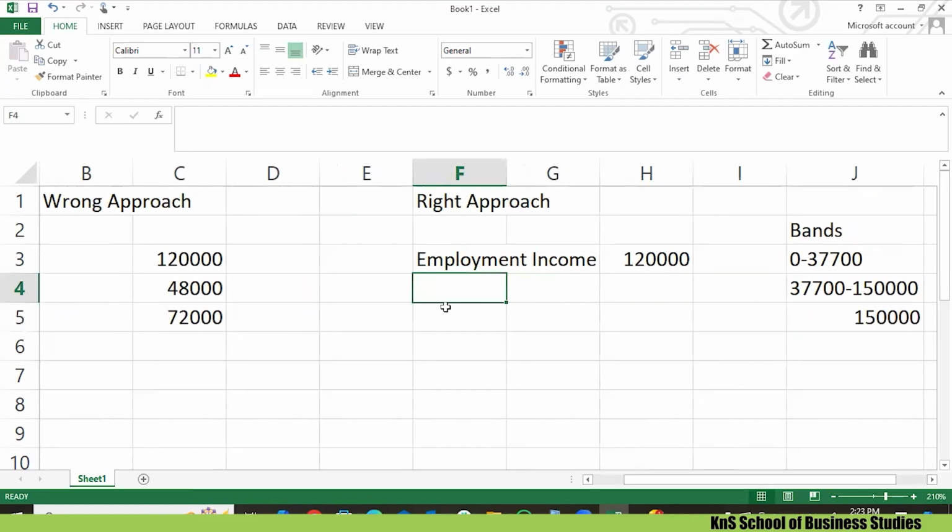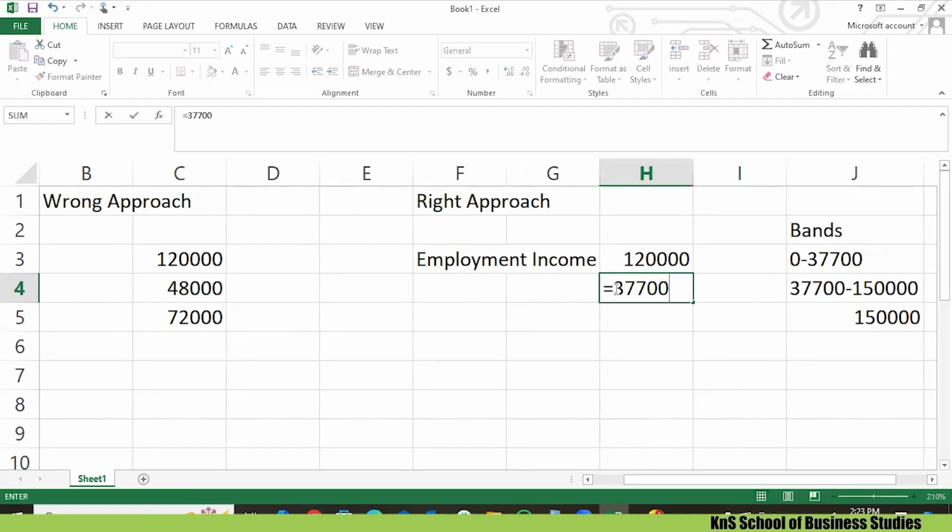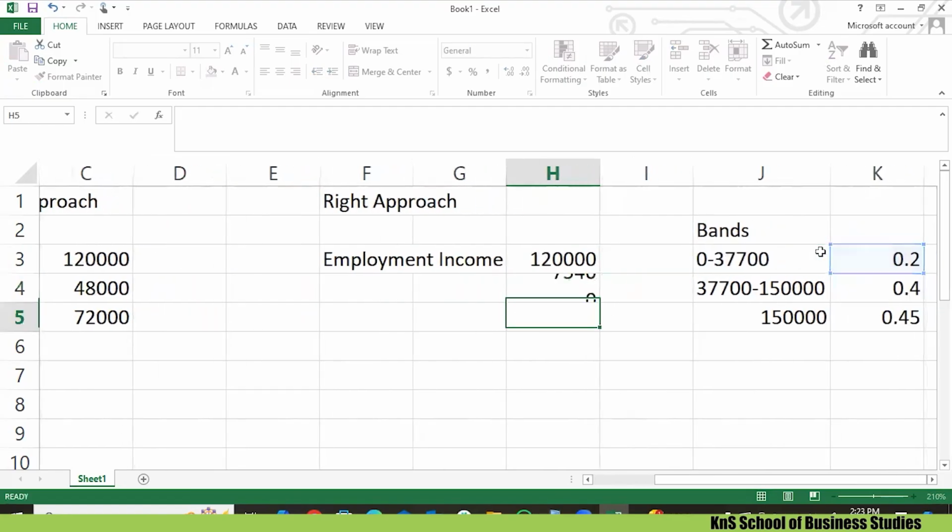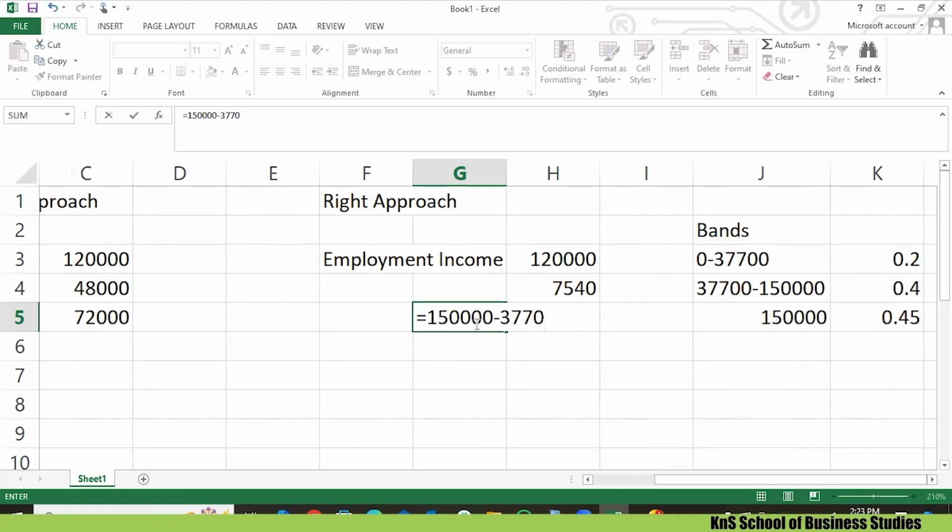Now what I'm teaching you over here is the right approach, that it works step by step. So the first thing would be, okay, 37,700 multiplied by 20% first. And then the next step is, whatsoever has been remaining. First 37,700 has been taxed.